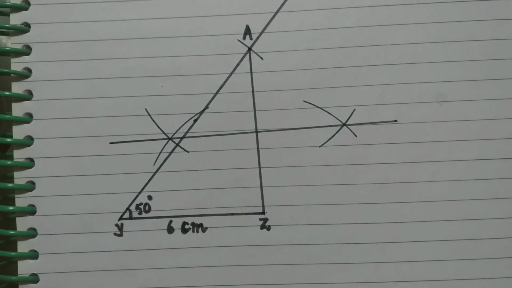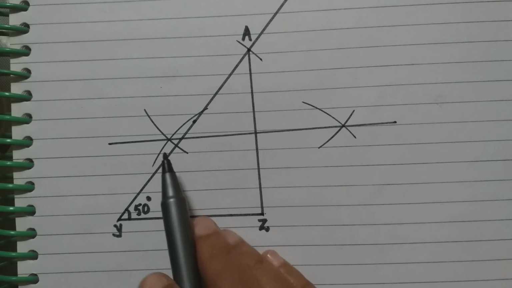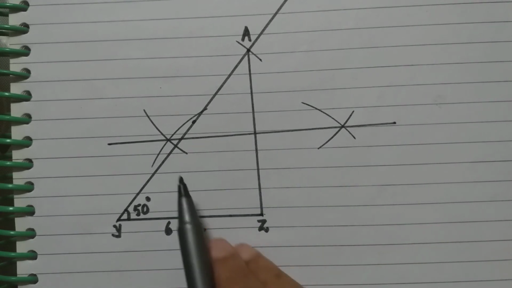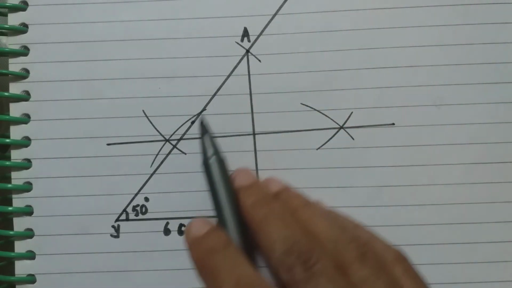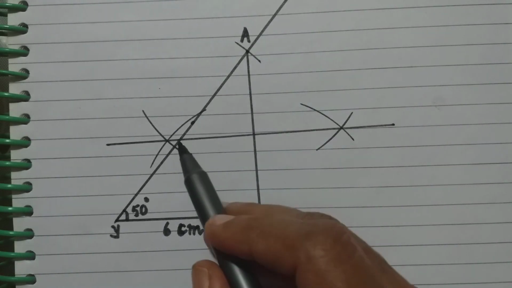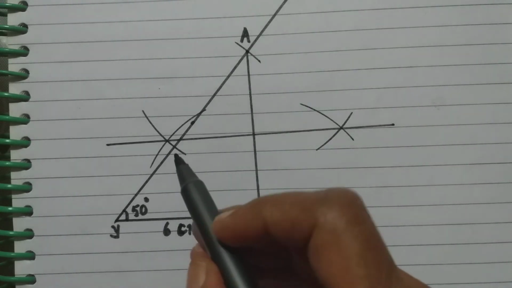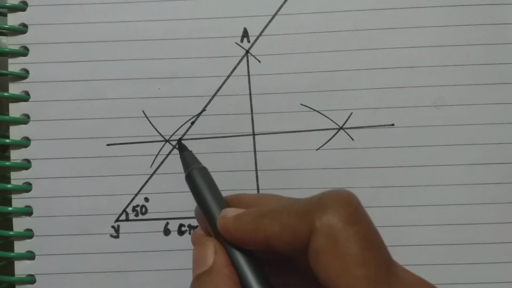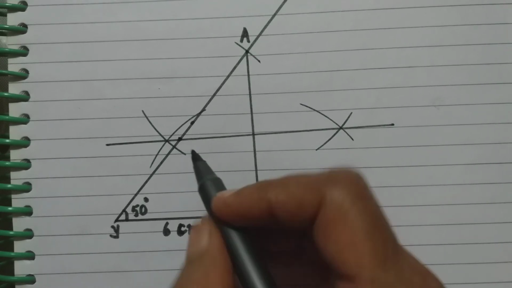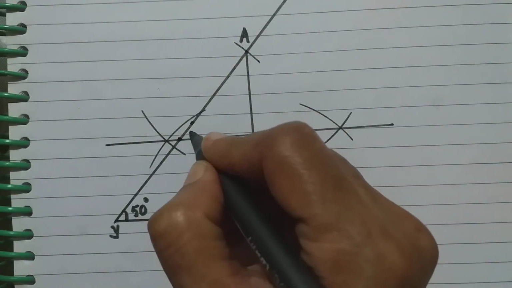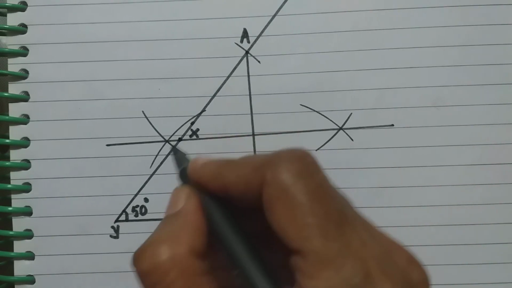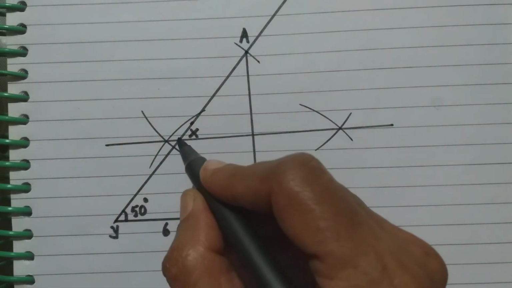So once this is drawn, we said this perpendicular bisector will cut this side AY at a particular point, and this point now will be marked as X. So I mark it inside here since our perpendicular bisector is close by.